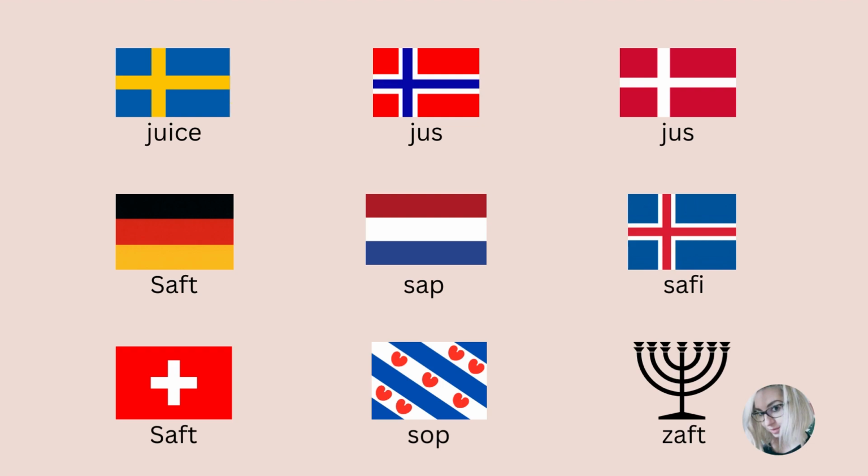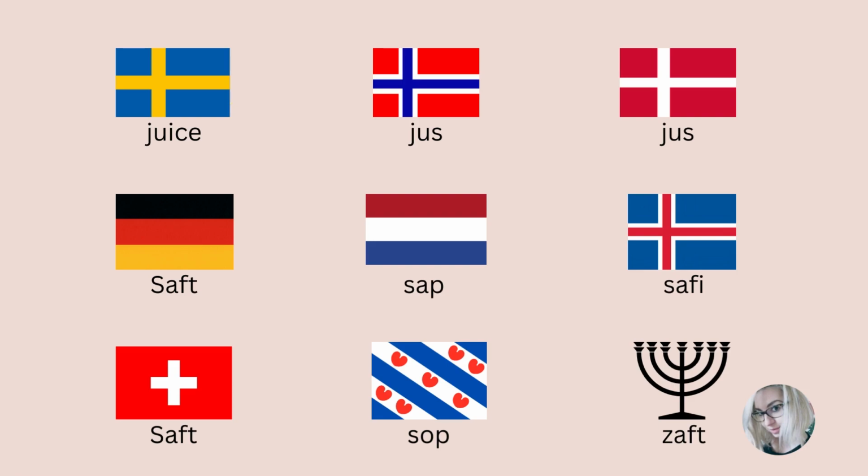Mind you, the word also exists in German, but use in German means meat juice specifically. And like I said before, you can notice that in Dutch and Frisian, you actually have the form corresponding to the Old English form, so sap or sop.